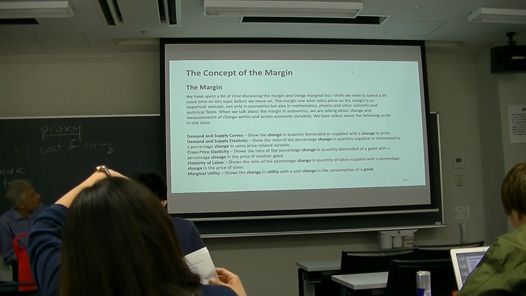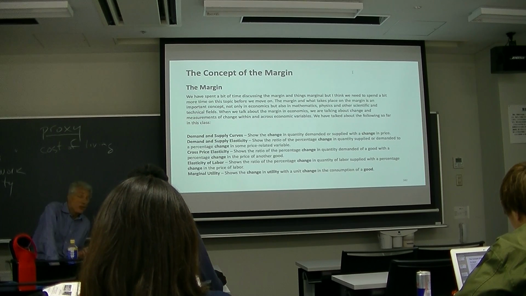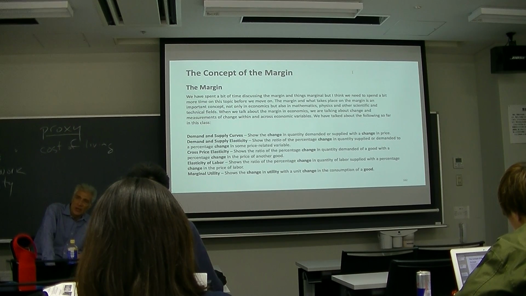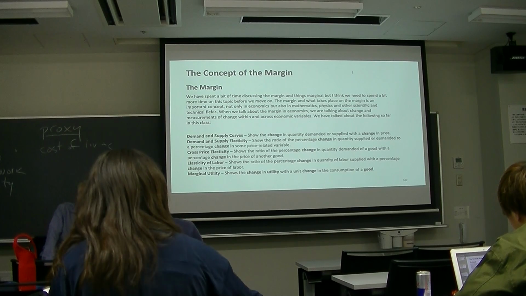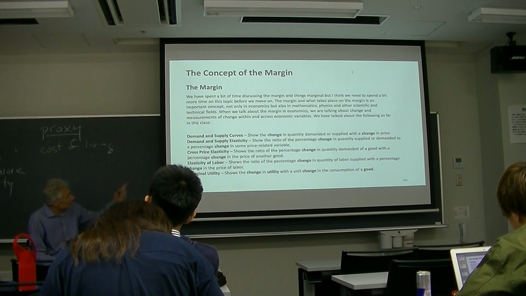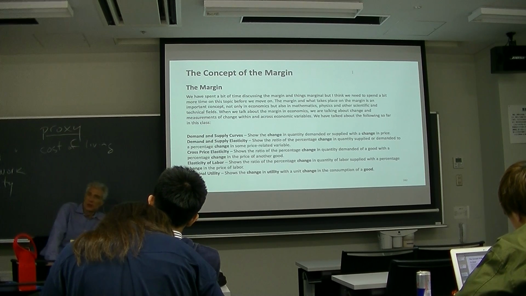When we talk about the margin in economics, we're talking about change, how things change with the change within and across economic variables. So what's marginal utility? How does utility change with the change in the number of goods that we consume? What's the elasticity? Elasticity, demand and supply elasticity, is the percentage change in the quantity supplied as a percentage change of some price or some price-related variable.